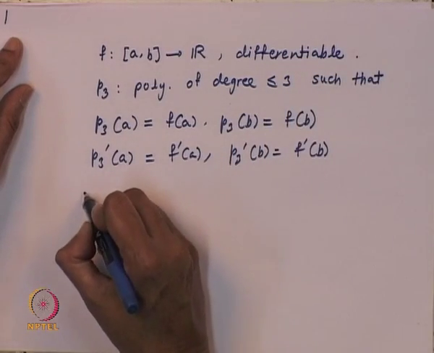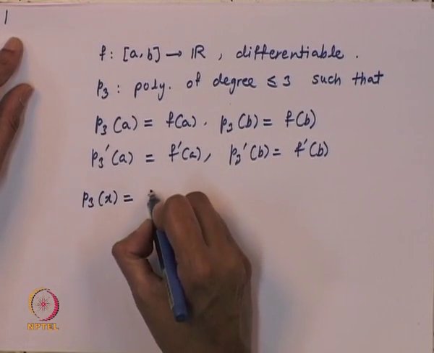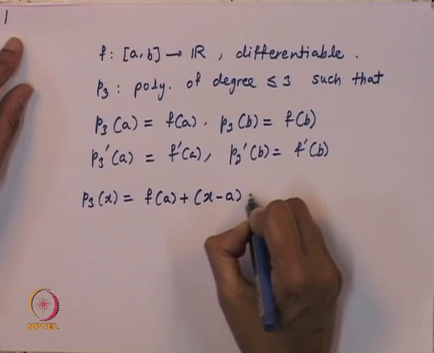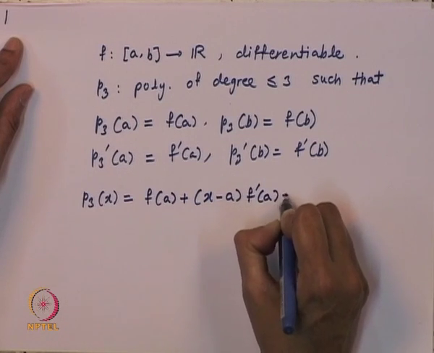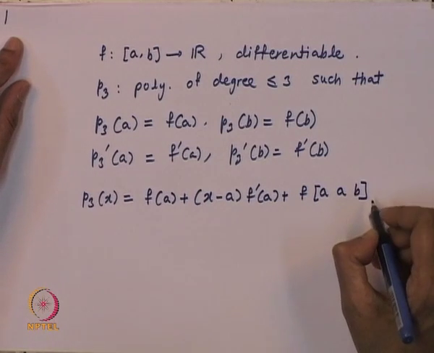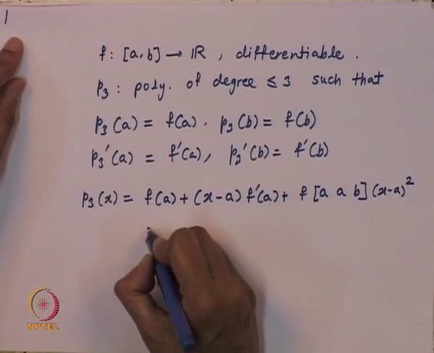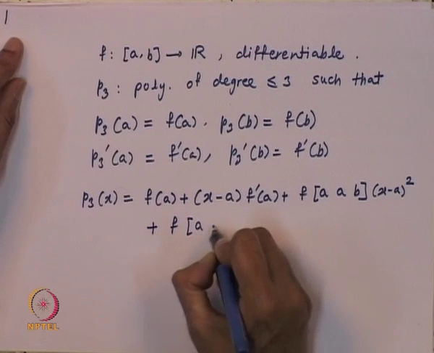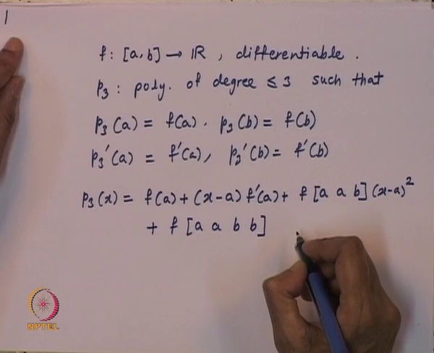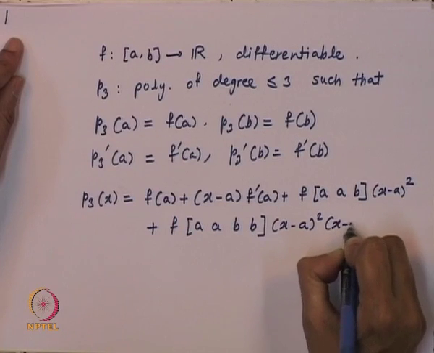We have seen that P3(x) can be written in terms of divided differences as f(a) plus (x minus a) f'(a) plus the divided difference based on a, a, b, the point a repeated twice, multiplied by (x minus a) square, and plus the divided difference based on 4 points a, a, b, b, a repeated twice, b repeated twice, times (x minus a) square (x minus b).